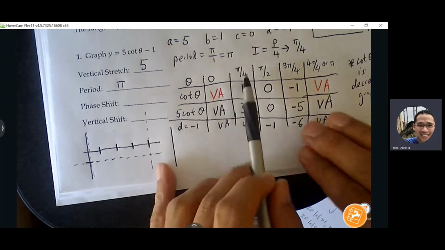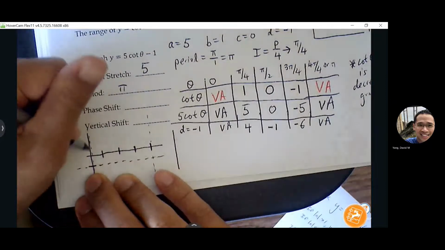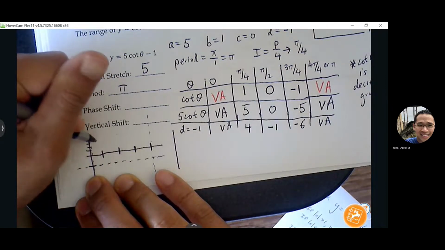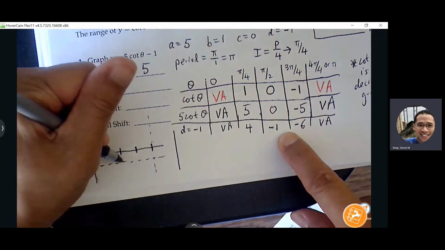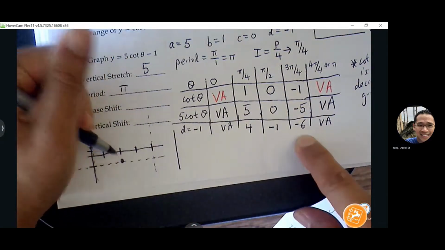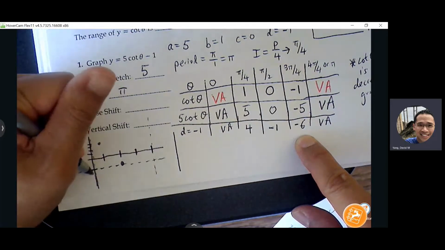So at pi over 4, we're going to go up to 4. At pi over 2, we're going to be at our center at -1. And then at 3 pi over 4, we're going to go all the way down to -6.